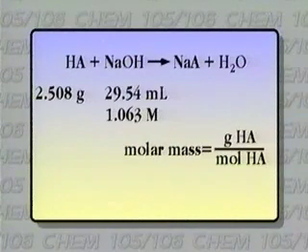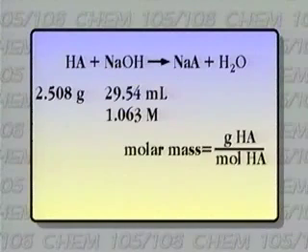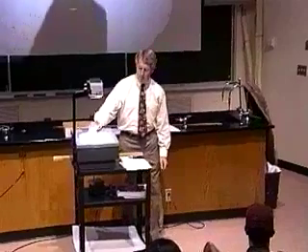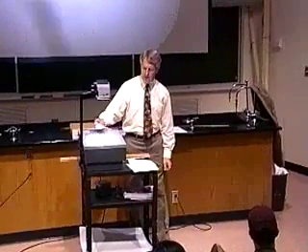Now, if we look at that, and that's the way we kind of want to approach the problems so that we know where we're going, we already see that we know how many grams of acid we had. It was given in the problem. So what is it we need to find? We need to find how many moles of acid that was. And we know that seeing it, we're talking about a titration process.